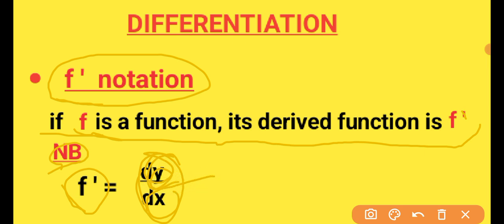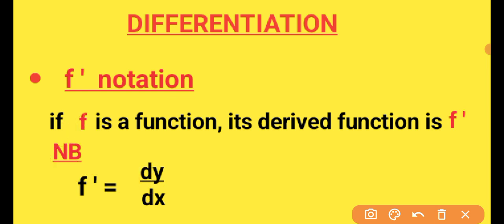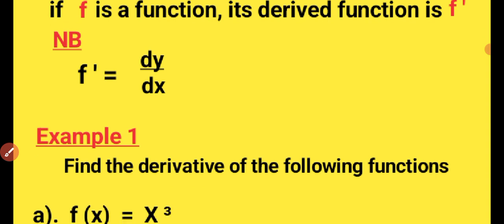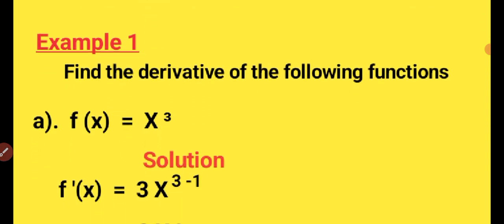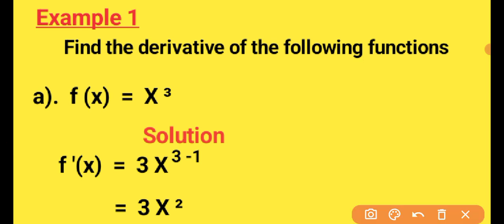And the same way we're going to get a derivative in form of a function. For this one, it will not be in terms of y, but it will be in terms of the function, which is found up here. So let us move straight to example 1. We see how we can go about with it.